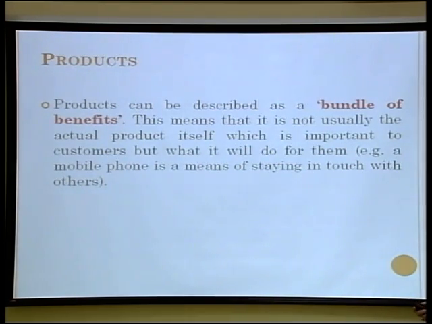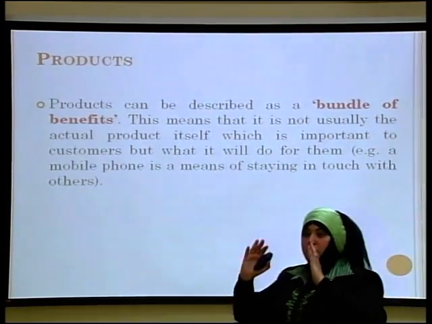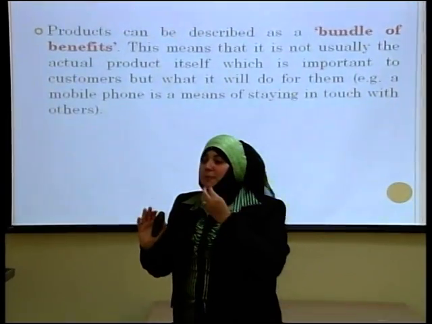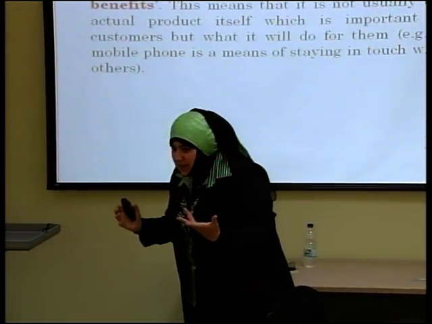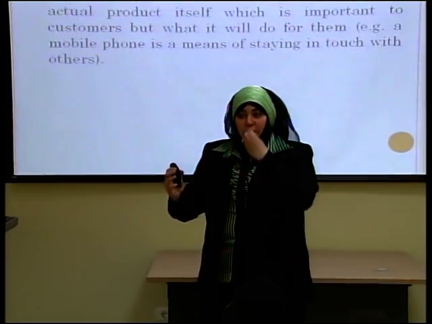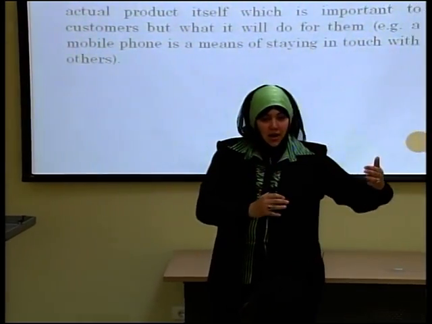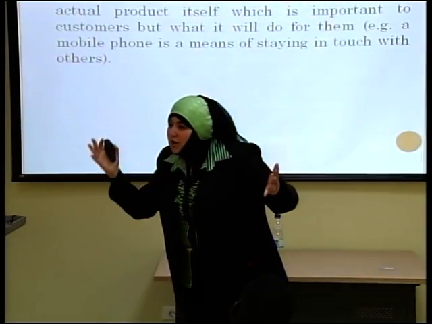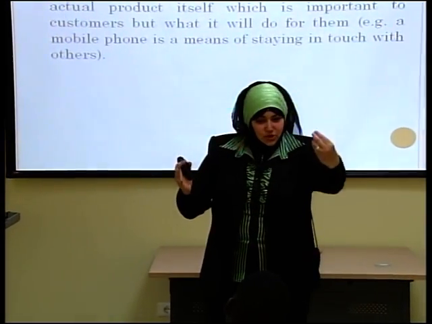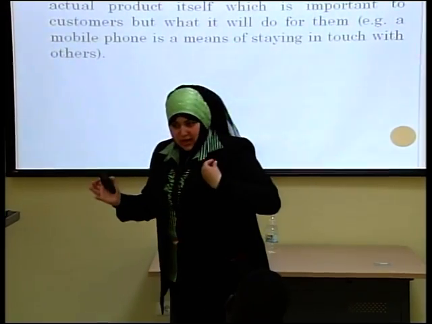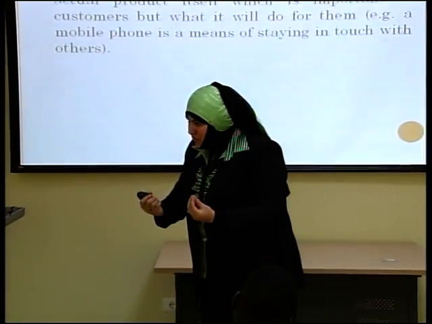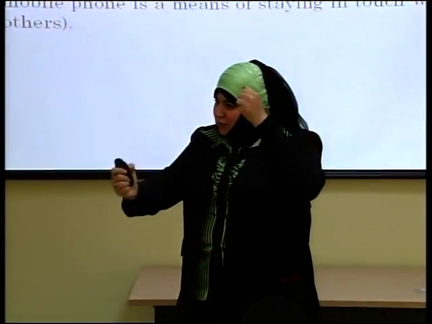Let's take them one by one. Products can be described as a bundle of benefits. You remember that? Usually in marketing, when we talk about any product, it's not about the physical shape of the product, it's about the benefits the consumer gets out of this product. A car is not about the physical shape of the car, it's about the transportation service this car provides me with as a customer, and about the security I feel while I'm driving my own car.